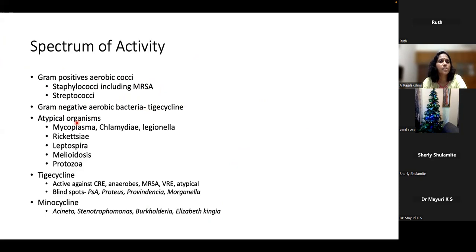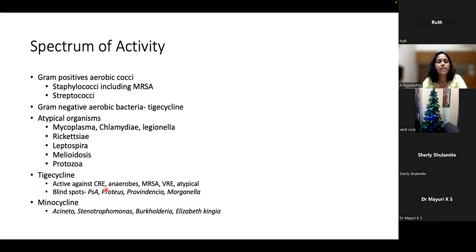For atypical organisms, it is a very good drug for Mycoplasma, Chlamydia, and Legionella. These are respiratory atypical organisms. It also works well for rickettsial infection, including scrub typhus, leptospirosis, and melioidosis as an add-on drug, and many protozoa.